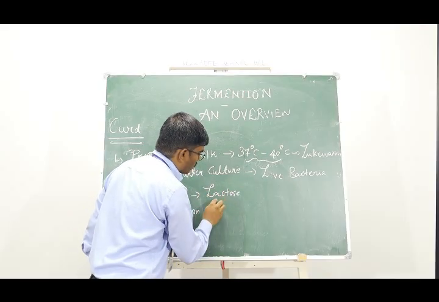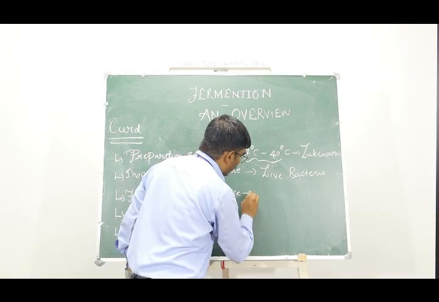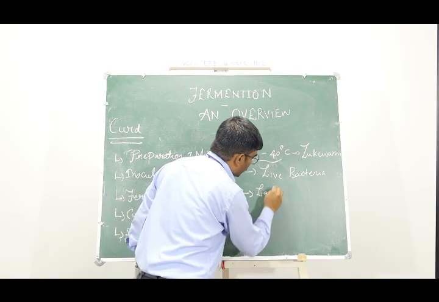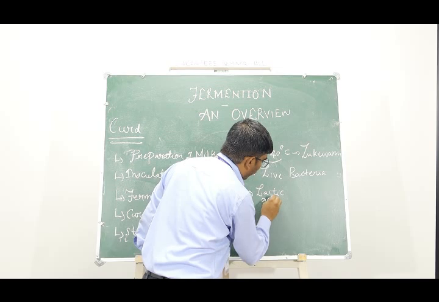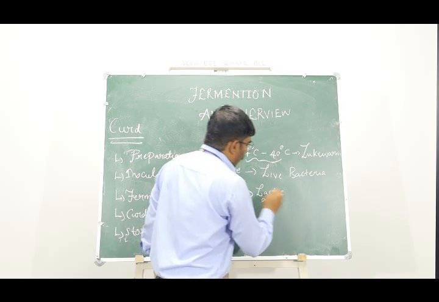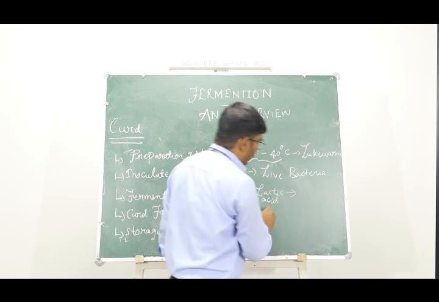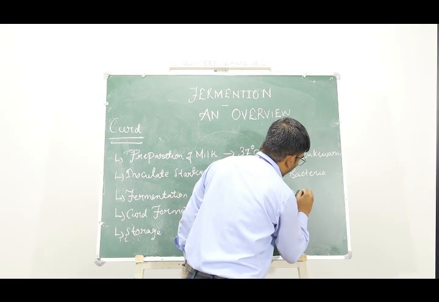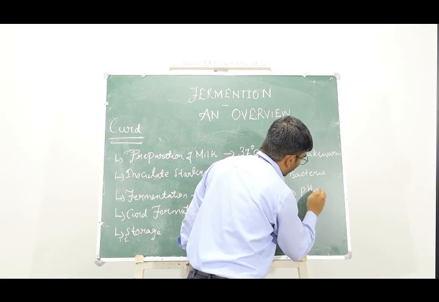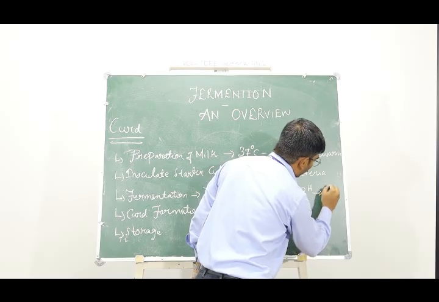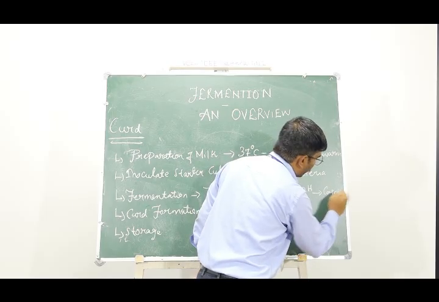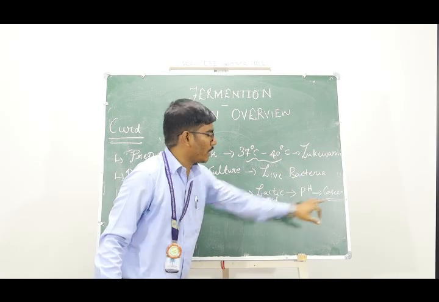This lactose is the milk sugar, and it is converted into lactic acid with the help of the bacteria, and this lactic acid changes the pH of the milk, and that way coagulates the protein present in the milk, that is casein.